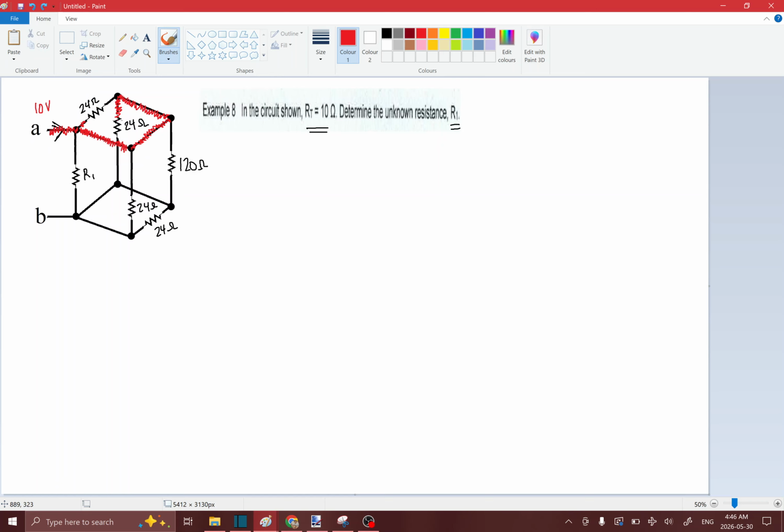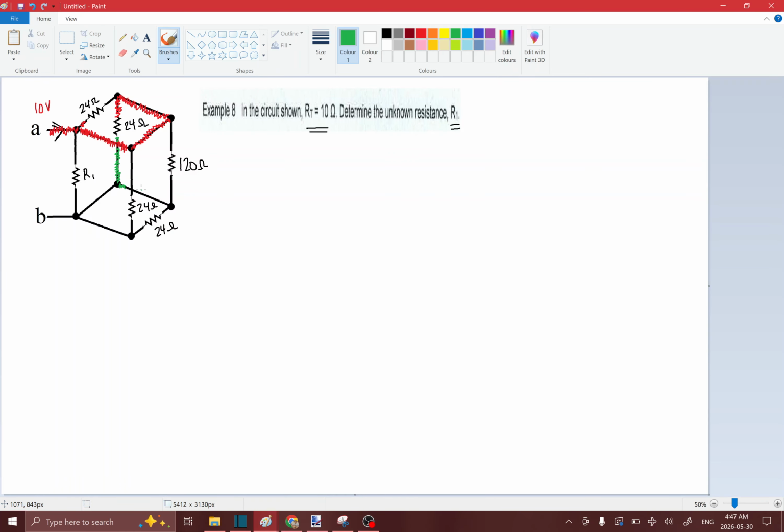Okay, so the electricity gets to this point, and if it wants to get to B, right, then it needs to go through this resistor, which happens to be in the back. So it's going to go through like this, and then it's going to spread in two different directions.